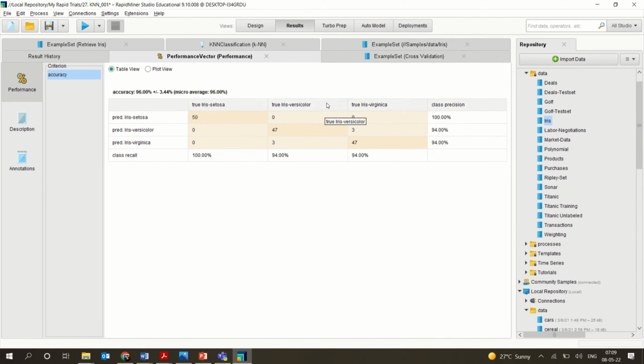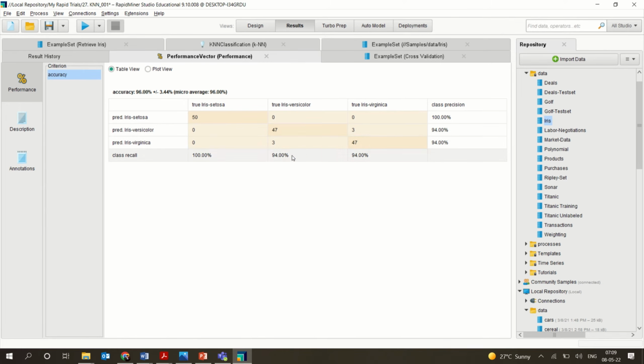Yes, 50. How many true versicolor samples are there? 50 samples, so 47 plus 3. Versicolor correctly identified as versicolor is 47, and wrongly classified is 3 of them, which are classified as virginica, which is wrong.